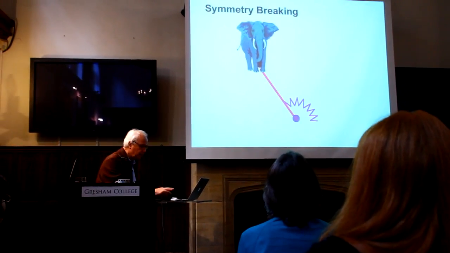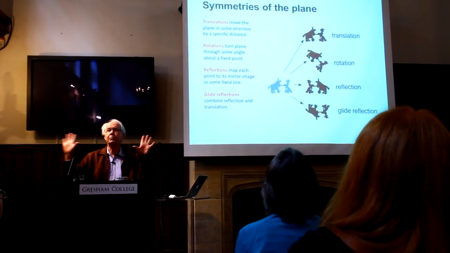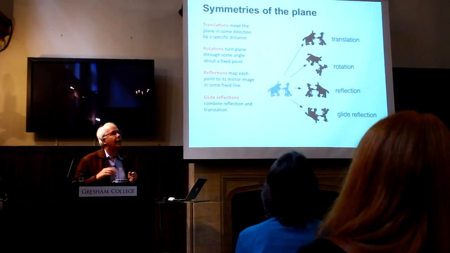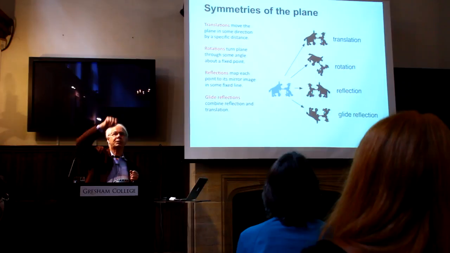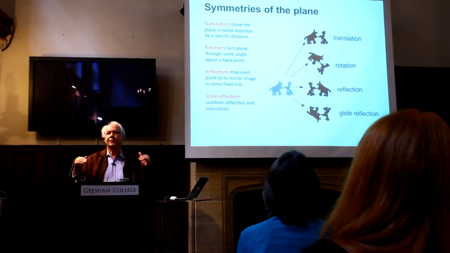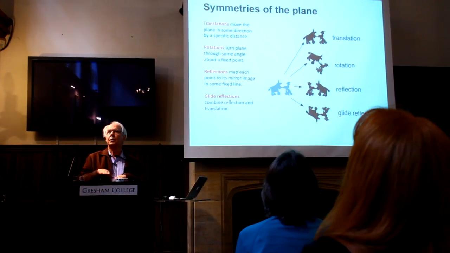Now let's look at the same idea with a richer range of symmetries. Symmetries of the whole plane. Again, you can look around this room and see some examples. I talked about stripes in the roof. People online won't be able to see these stripes, but imagine a whole pile of stripes. Okay?